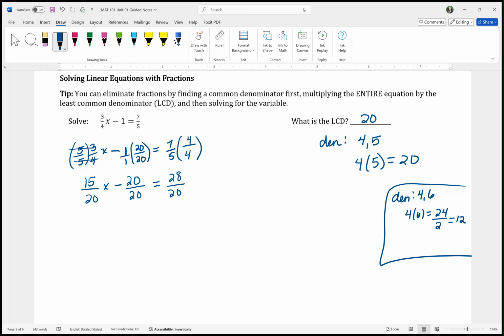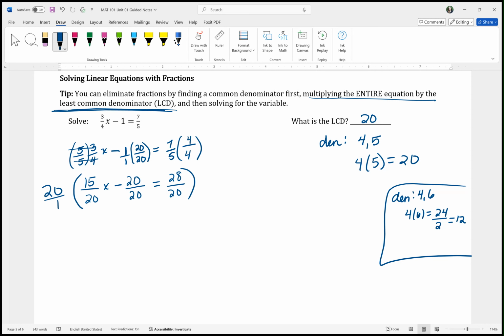Now that we have all of our denominators the same, we can do this special step of multiplying the entire equation by the least common denominator. So what that means is that I can take this whole thing and multiply by 20. What does that do? Let's pretend it's 20 over 1 because it is.